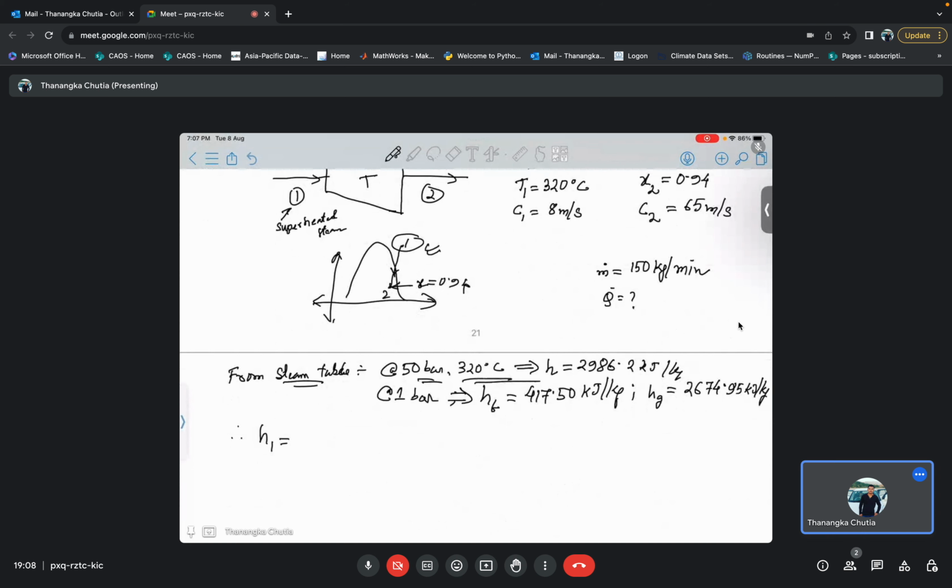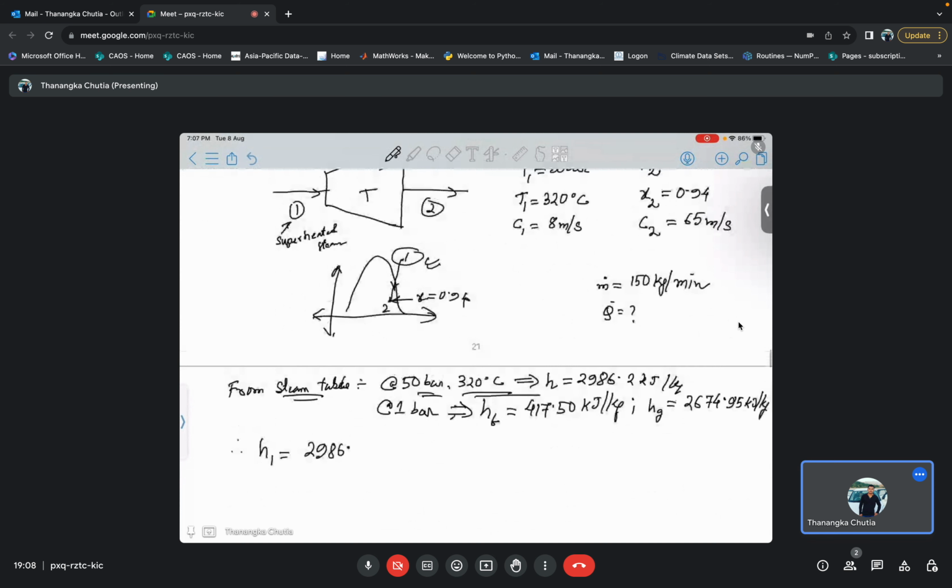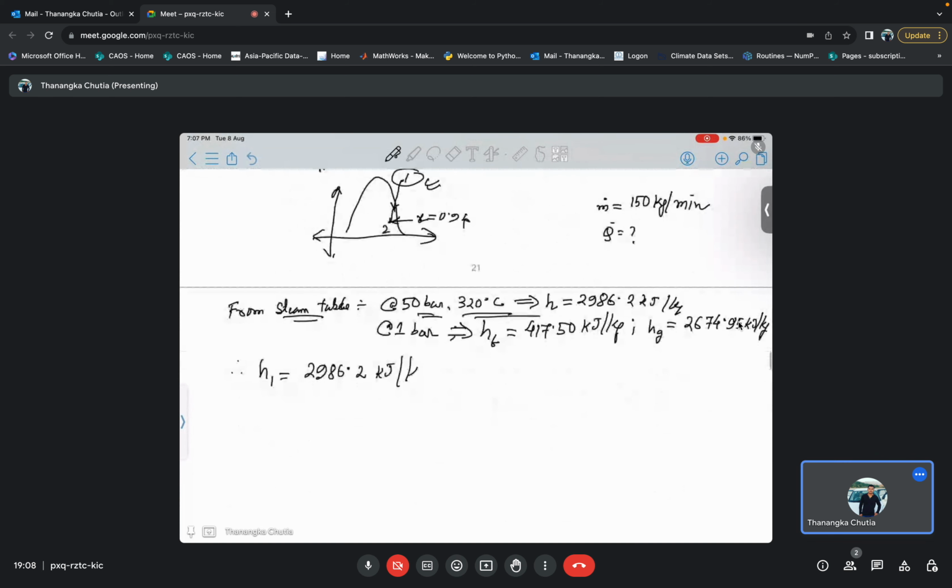So therefore, what we know is that H1 is nothing but this point, so H1 is 2986.2 kilojoule per kg. Now how will we get H2?